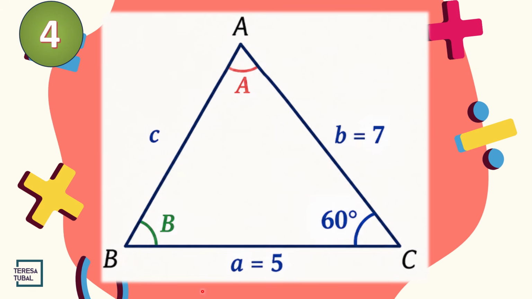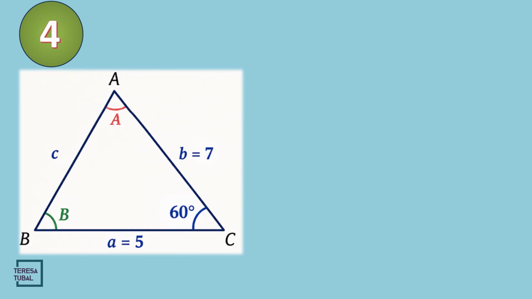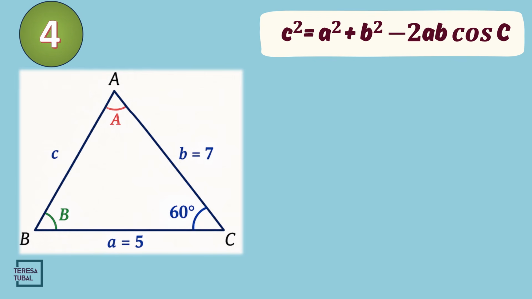In number 4, we have the angle C, that is 60 degrees. Side a is 5. Side b is 7. Side c is unknown, so our formula, c squared is equal to a squared plus b squared minus 2ab cosine C. a is 5, b is 7, and angle C is 60 degrees.